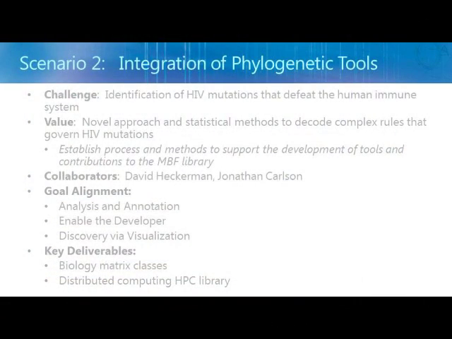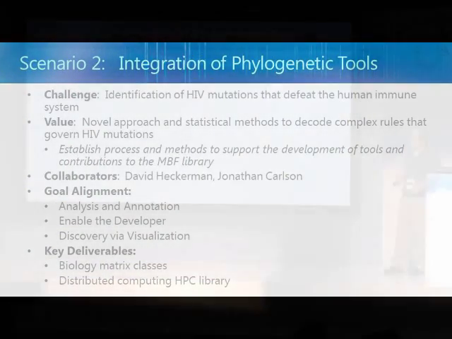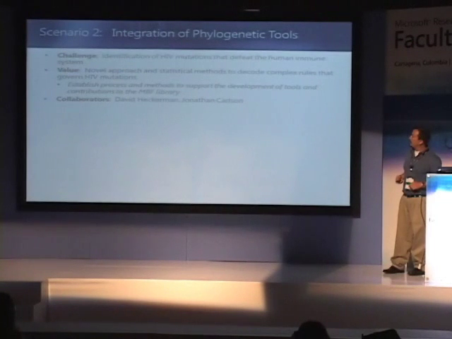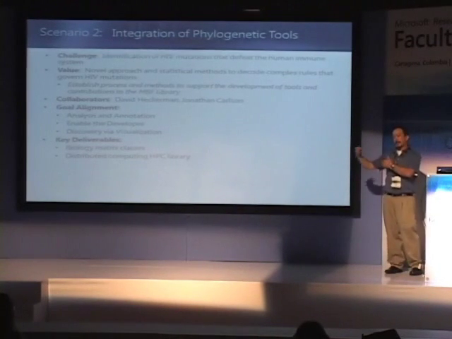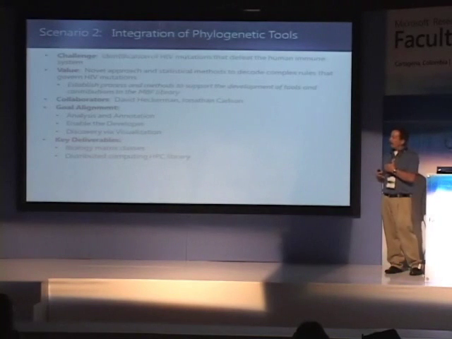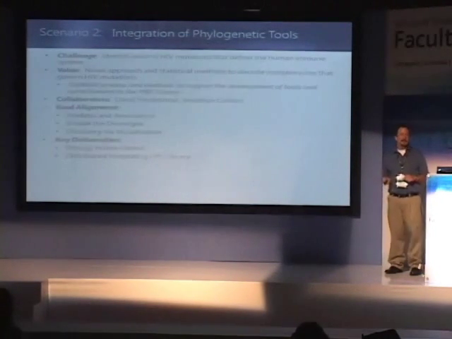Okay, I mentioned the HIV work that David Heckerman and his team is doing. The nice thing about this collaboration is that they're a little bit ahead of us in terms of the advanced research techniques they're doing. And so when they find and identify some useful nuggets, then we'll pull those into the library. And one of those is this biology matrix class.